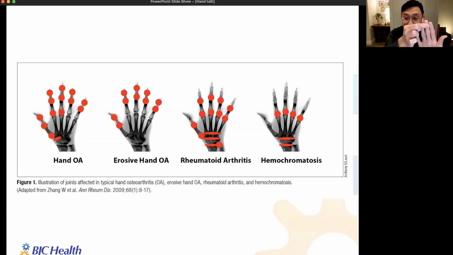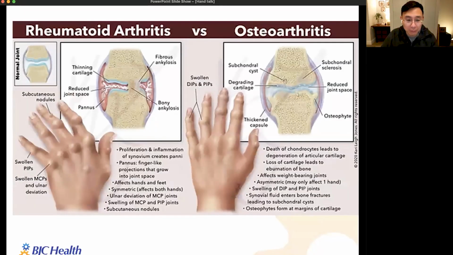So if the tip of the fingers, the DIP joints, are involved, then it probably is not rheumatoid arthritis. You have to think about osteoarthritis or psoriatic arthritis, right? But not typical rheumatoid arthritis. So I briefly talk about rheumatoid arthritis. It's an autoimmune disease. If you don't treat it right, you get twisted fingers.